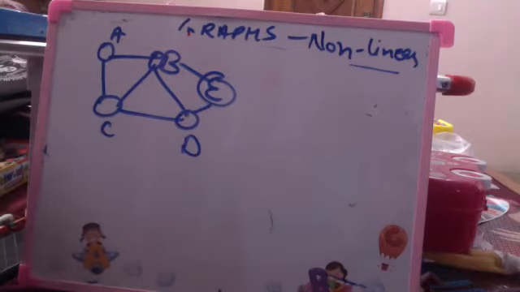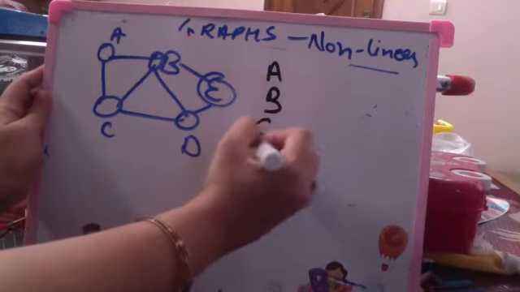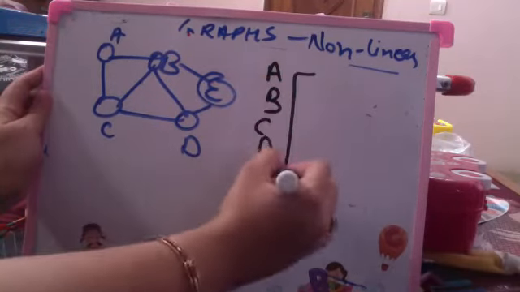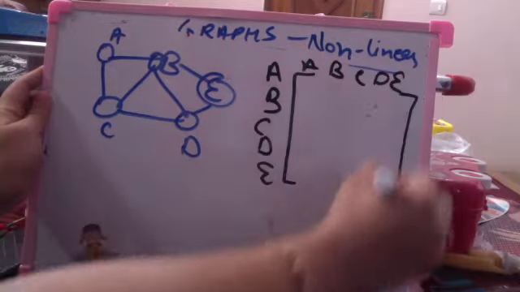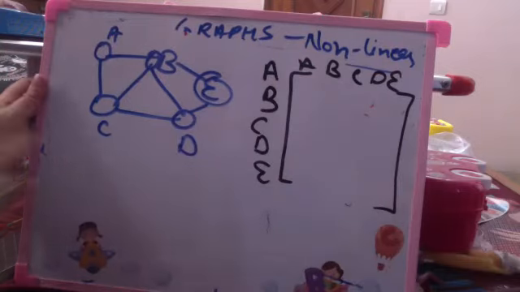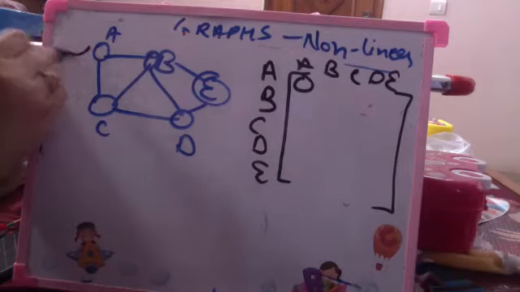So if I have to represent the adjacency matrix representation of the graph, I have A, B, C, D, E, 5 rows, A, B, C, D, E, 5 columns, right? A to A is no edge. There is no edge like this, right?